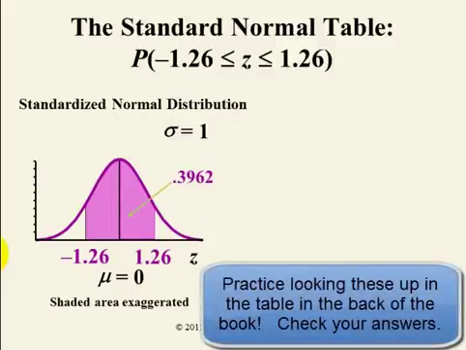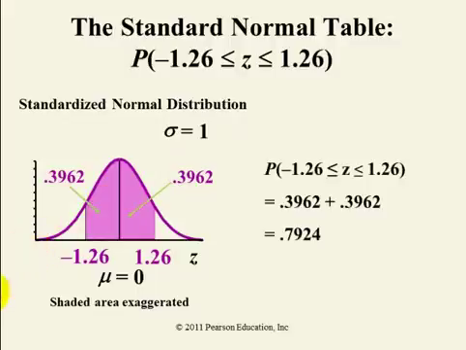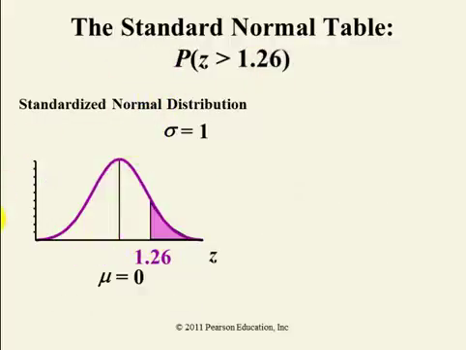So if we want to find the area under the curve, which is the probability that Z is between minus 1.26 and plus 1.26, we would draw this little graph here, and we'd look out 1.26, and we'd look it up in a table, and we'd get this value here, and we'd come up with about 80% as the probability that X is between these values.